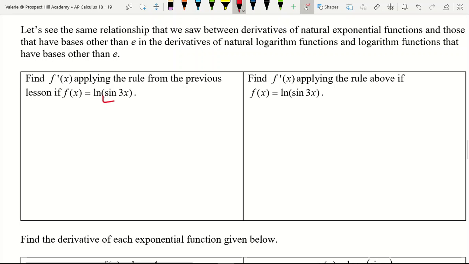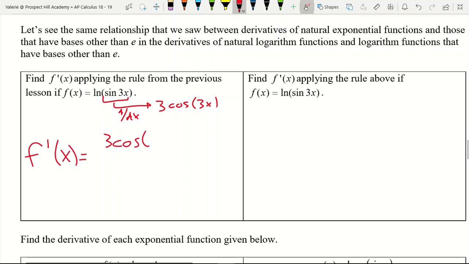So the derivative of this inner function using chain rule we know is going to be 3 cosine 3x. So the derivative of this entire function is 3 cosine 3x all over sine 3x, which is just equal to 3 cotangent 3x.